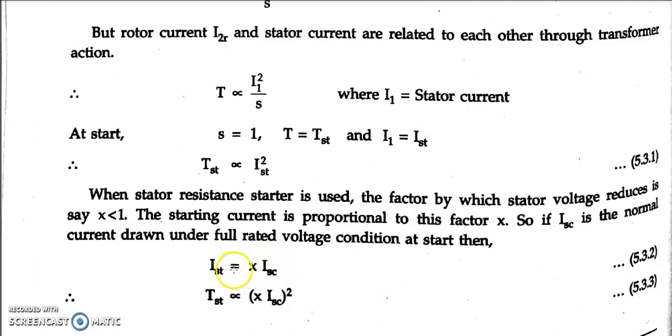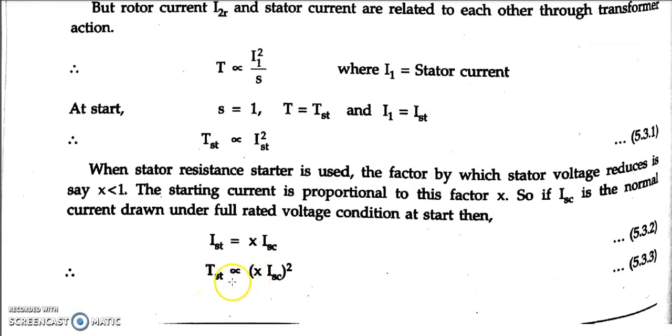Starting current is obviously less than the normal current, so I will have some fraction: I start equal to X times ISC, where X can be 0.25 or 0.3 or 0.4 or 0.5 of the normal rated current, as we are limiting it by adding resistance in the stator part. So starting current will always be less than ISC, remember, if I use the stator resistance method to limit the initial current.